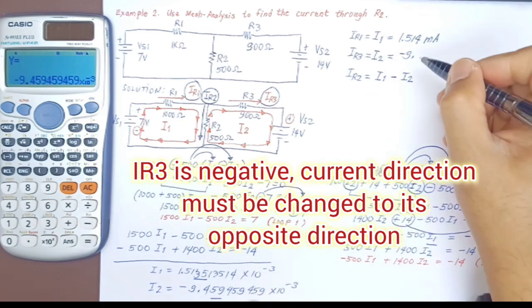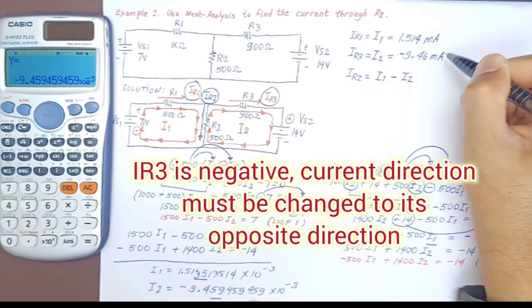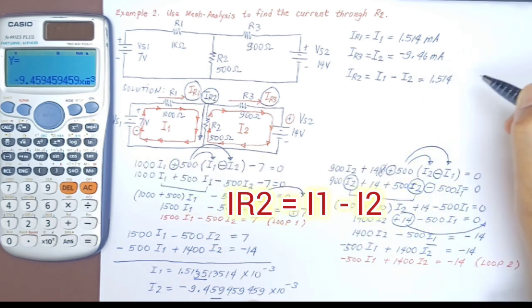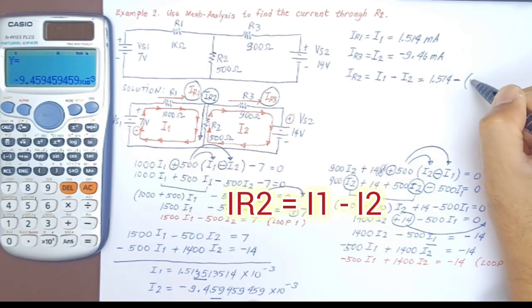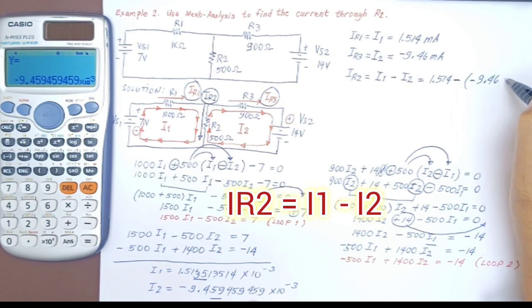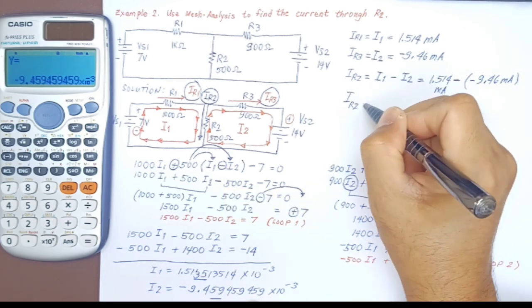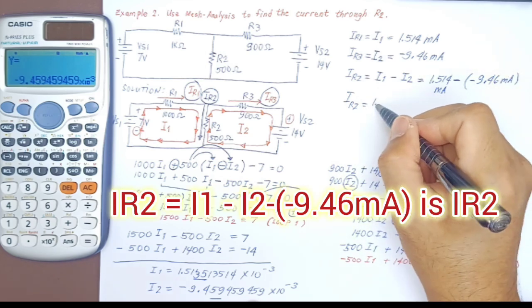35, let's make it 4, and the other one, 9.459, let's make it 9.46 milliamperes, and let's subtract the two: 1.514 minus the negative 9.46 milliamperes. Again, the negative or minus negative would be positive.